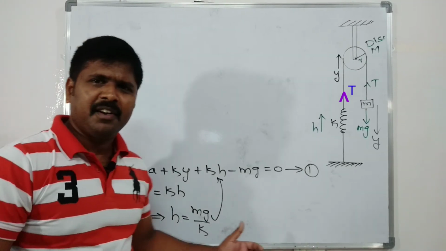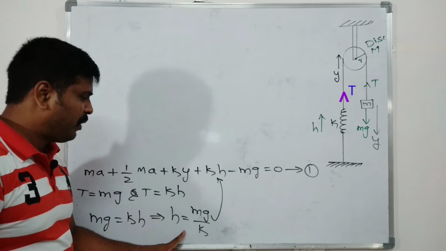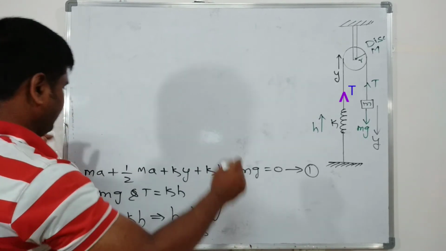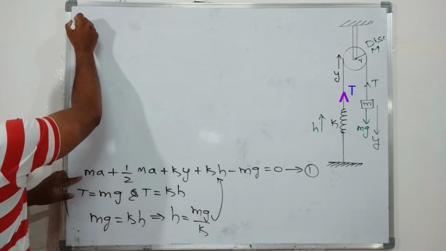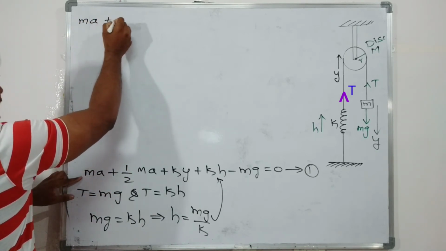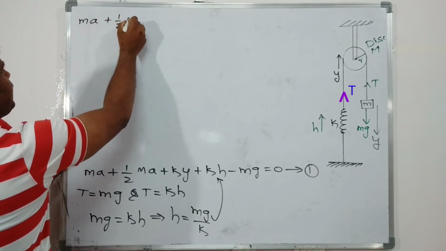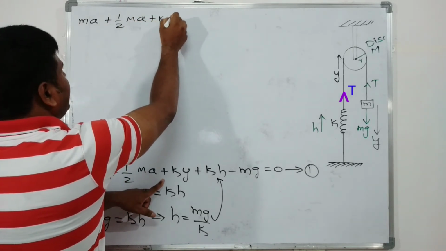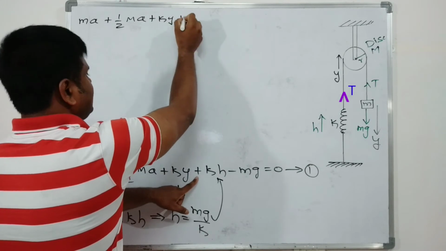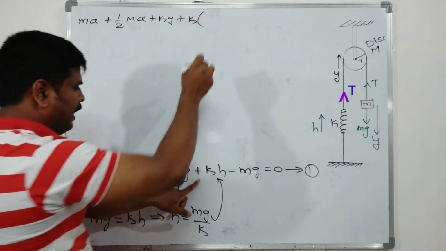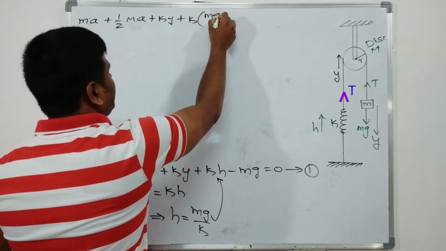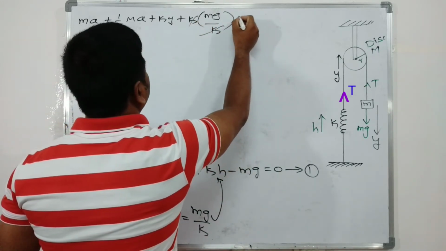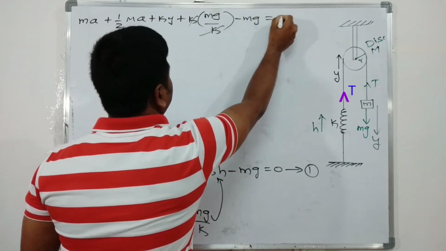Continuation: this value of h is replaced in the above equation. See, so m a plus 1 by 2 capital M a plus k y plus k into h, whose value is mg divided by k. This k gets cancelled, minus mg, is equal to 0.